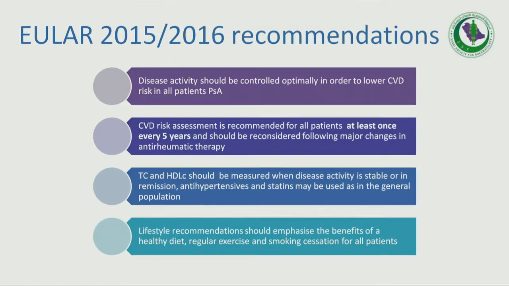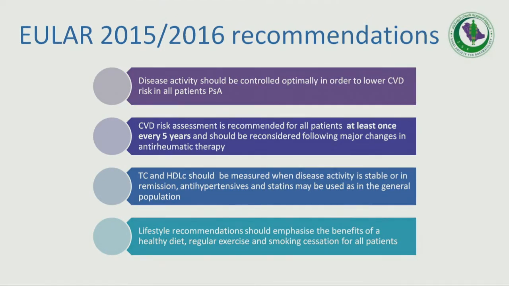So now we are recognizing that metabolic syndrome is a big comorbid condition in patients with psoriatic arthritis. So what is the solution? EULAR recommended in 2015, which is the latest recommendation on treating cardiovascular disease, that for every patient with psoriatic arthritis, you should control the disease activity optimally in order to reduce the risk of cardiovascular disease.